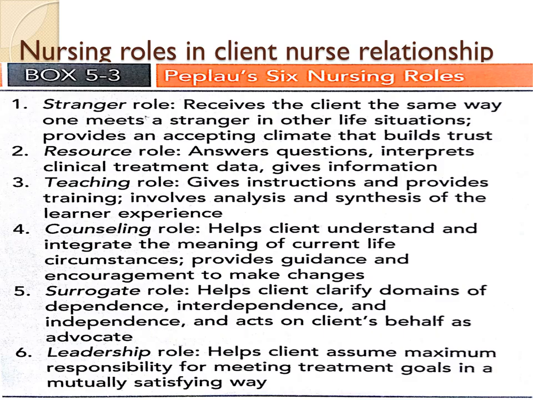Because in nursing procedure, you know that we have dependent activities, interdependent activities, and independent nursing activities, so we have to act according to that. The sixth is the leadership role, which helps the client to assume maximum responsibility for meeting treatment goals in a mutually satisfying way.